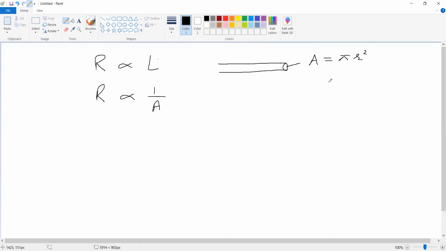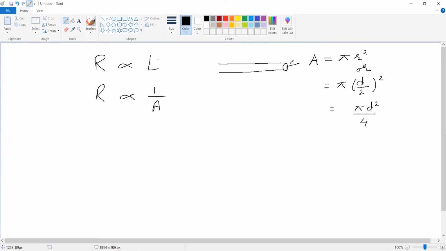This radius you can also write in terms of diameter. If diameter is given, then you know that if you make the diameter half, that becomes the radius. This formula I can also write in this way, pi d square upon 4. Area of cross section you can calculate in terms of radius, which is pi r square, or in terms of diameter, which becomes pi d square upon 4.